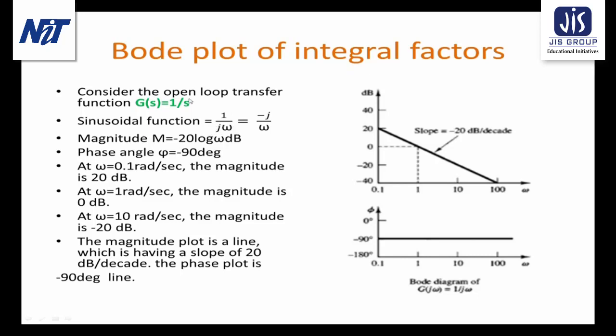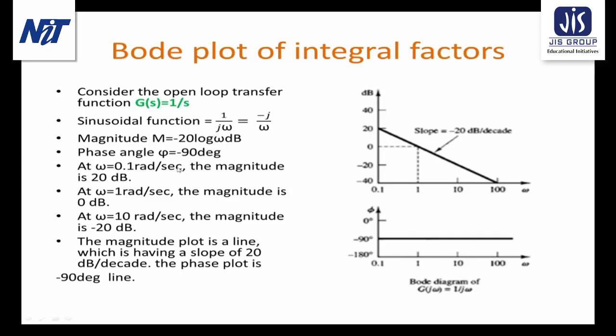Whenever the S is in the denominator, then it represents a pole. So for each pole, the angle contribution will be negative. And if it is a zero, then the angle contribution will be positive. So here it is located at the denominator, that means it is a pole.